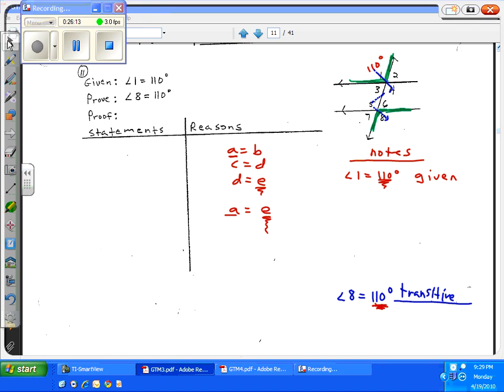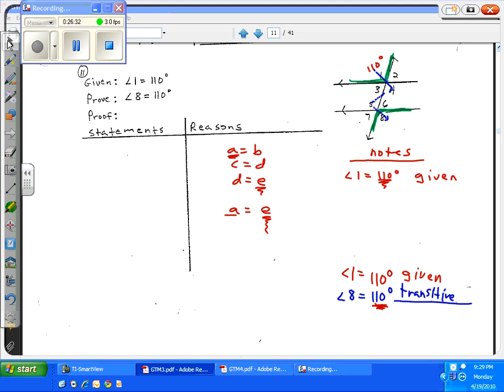And if A is first, doesn't A need to be first? Well, yes. So that tells me that I'm going to slide this down here if I'm going to prove it by transitive.